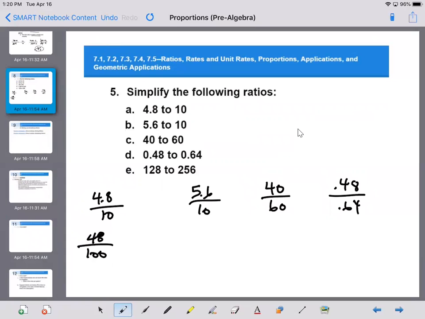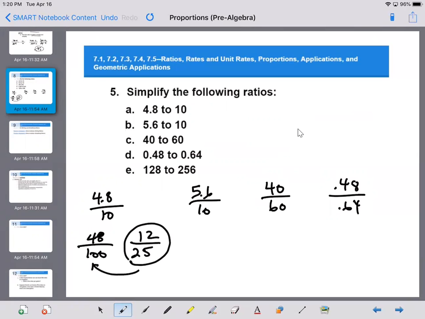We divide that by 4, and 100 divided by 4 would be 25. We divide them both by 4, and so that'd be 12/25. That's as far as you can go in simplifying that.